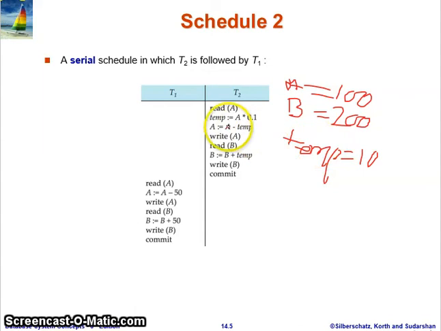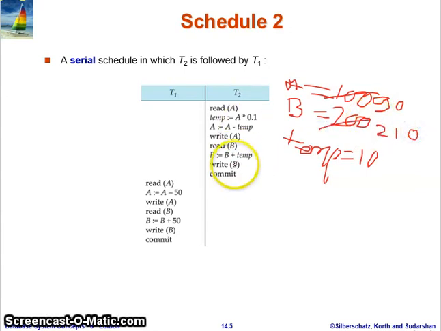A deduct temp is 100 minus 10 is 90. Then write A is 90. Read B is 200, B plus temp. Current value is 200 plus temp is 10 equals 210.